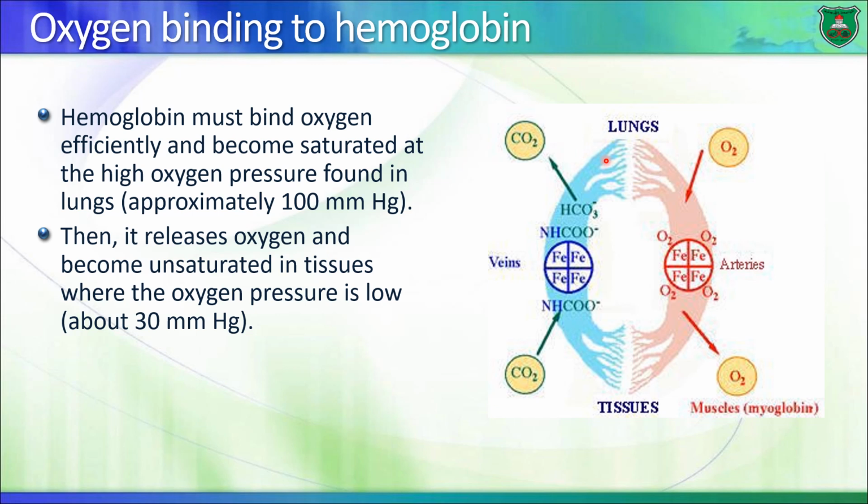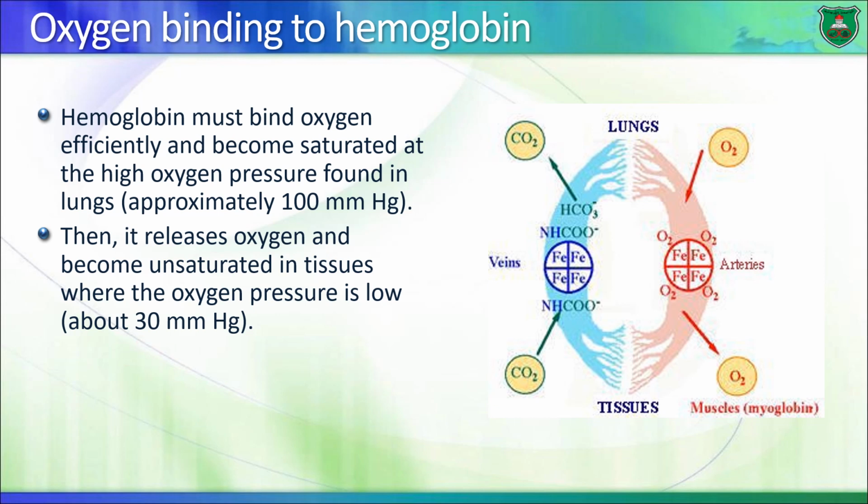Now the thing is, the pressure of oxygen in lungs is about 100 millimeter of mercury or 100 torr. On the other hand, the amount of oxygen or oxygen pressure in tissues is about 40, and it can go down to 30 torr.